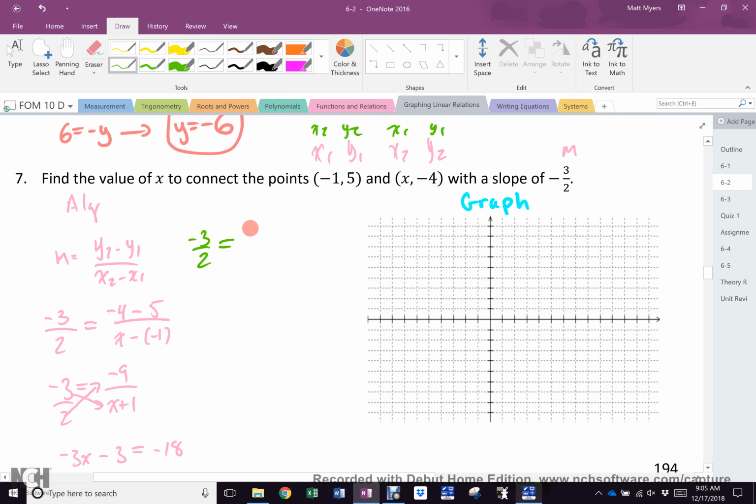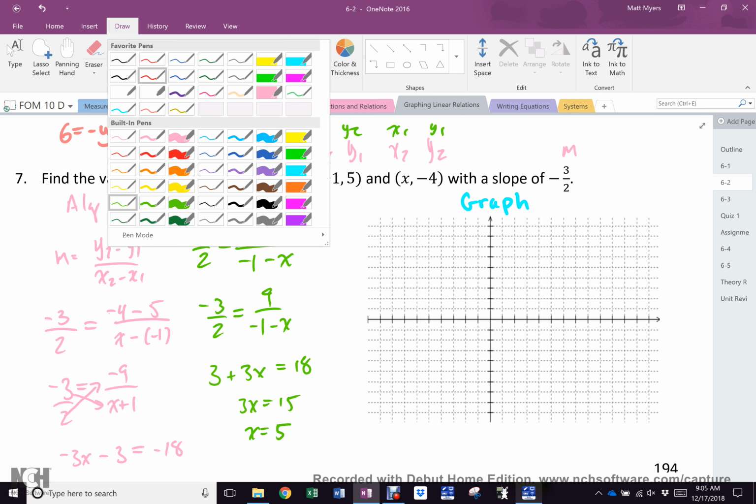So that becomes 5 minus 4 over -1 minus x, right? -3 over 2 equals 9 over -1 minus x. -3 times -1 is +3. -3 times -x is +3x. 2 times 9 is 18. 3x equals 15. X equals 5. Okay? Now, on a graph, what's the point I know?